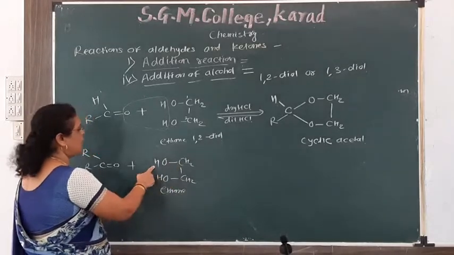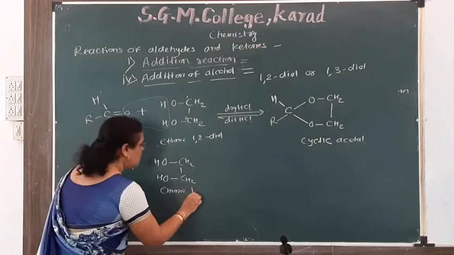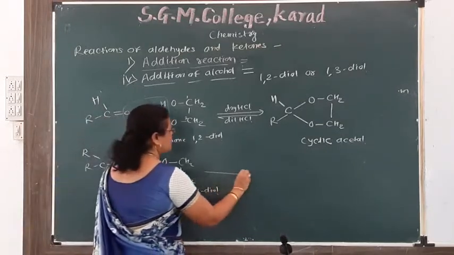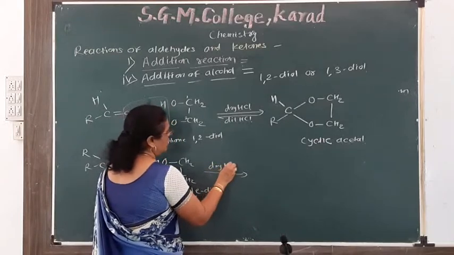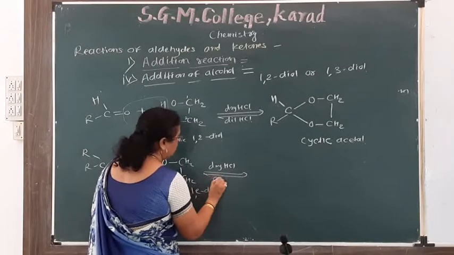In first carbon atom hydroxyl group is attached, second carbon atom hydroxyl group is attached, therefore ethane 1,2-diol. Here in presence of dry HCl, reaction takes place. This reaction is reversed in presence of dilute HCl.